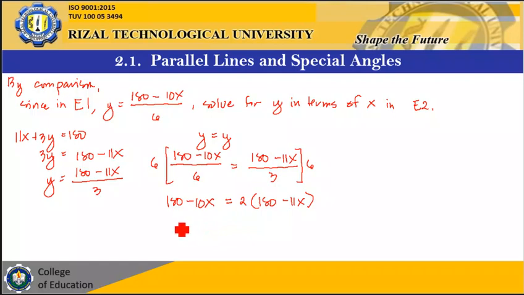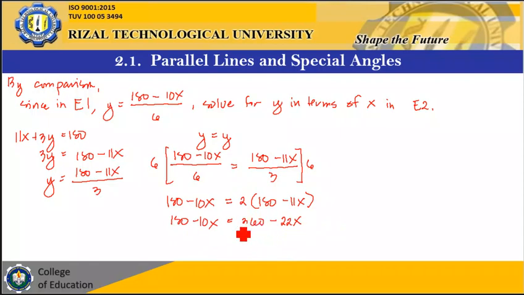Distributing 2, we have 180 minus 10x is equal to 360 minus 22x.